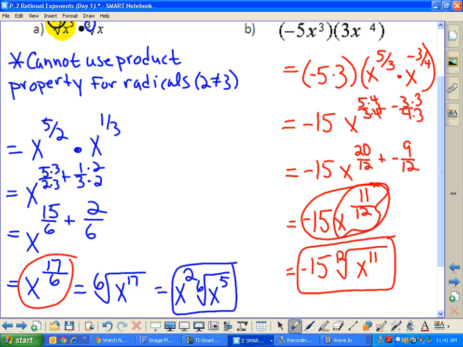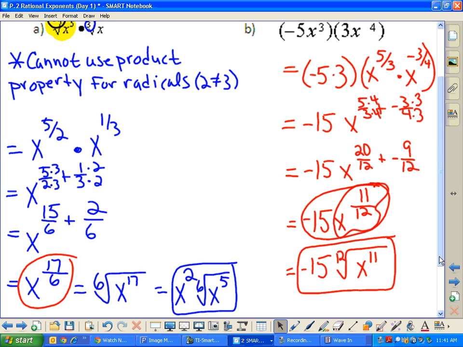One of the answers is a simplified radical. If it doesn't say, you actually have a choice. And for those of you who have calculus in your future, you're going to see that the fractional exponents are usually a lot easier to work with than the radicals. So that's a little foreshadowing for those of you heading down that road eventually. You could just leave it like that. It's a little easier to work with.